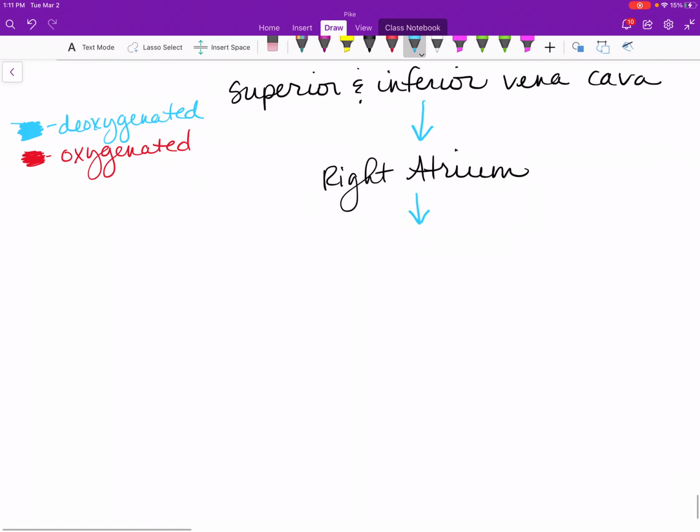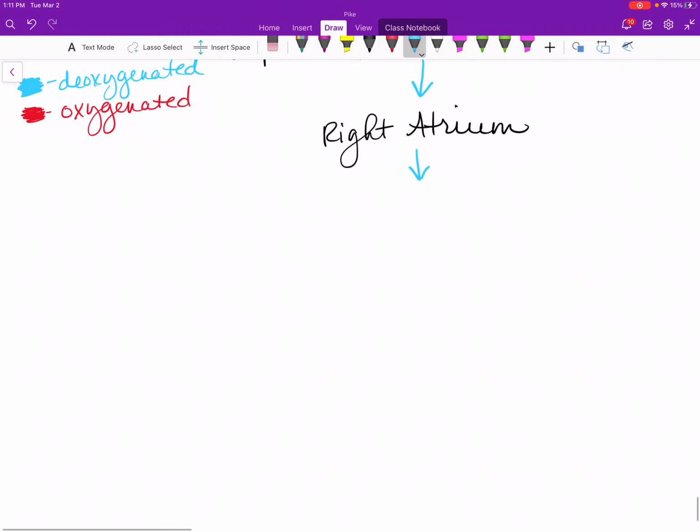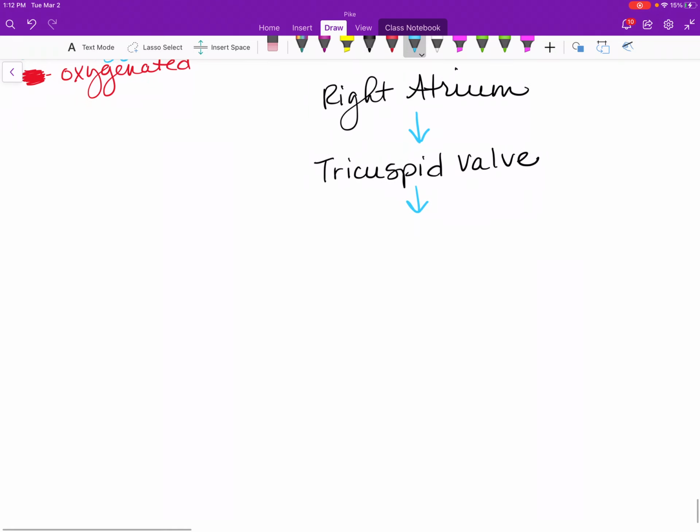From there, blood is going to go through the tricuspid valve. I'm going to start doing regular writing. Tricuspid valve. So it's going to go through a set of French doors, and then it's still deoxygenated. We haven't picked up any new oxygen. Then it's going to travel into the right ventricle.